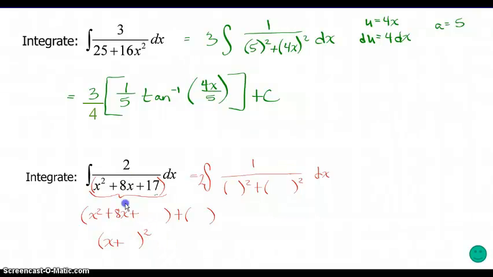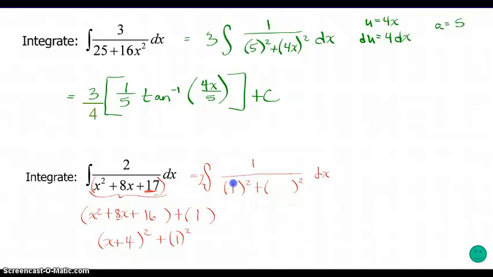So completing the square is to take half of b and square it. So half of b is 4, and that squared is 16. And so I'm going to borrow 16 of these 17 units that are out there of the constant 17. I need 16 of it here. And so this can be rewritten like this.